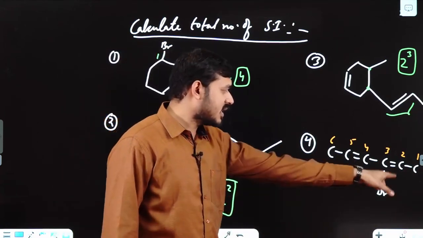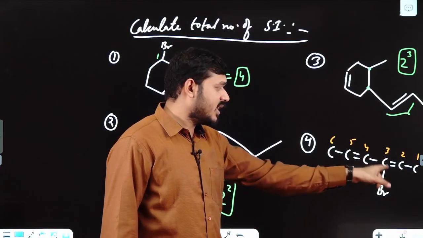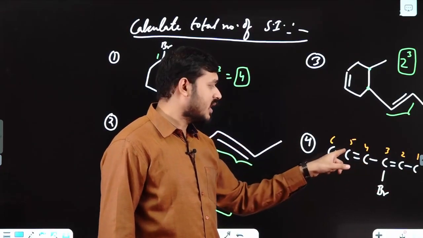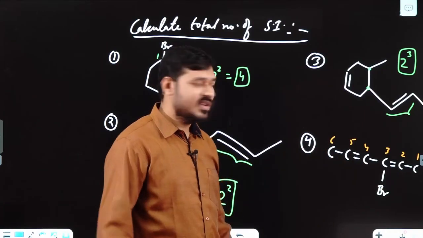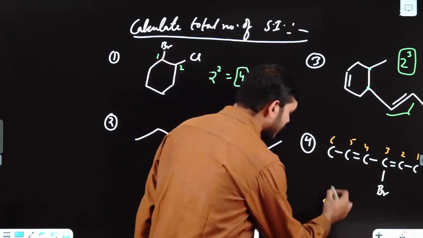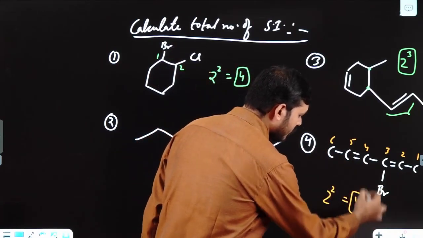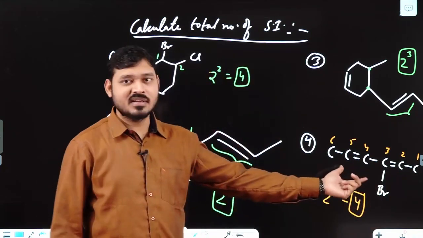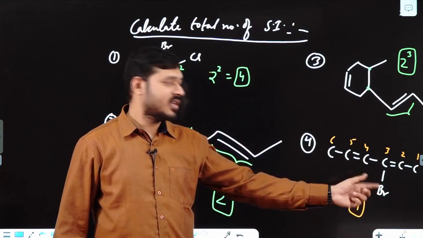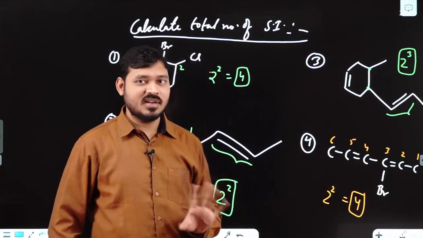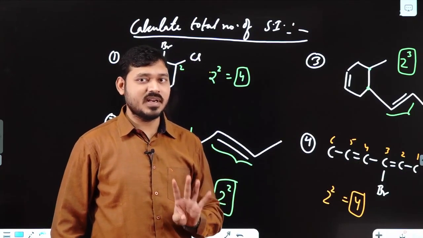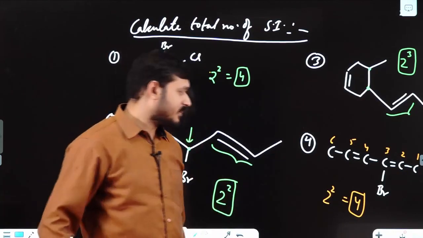Cis, cis, cis, trans. And now when this will be trans, then this will be cis. Okay, and trans, trans. Clear? So there are 4 cases. Both cis, both trans, this one cis, this one trans, or this one trans, this one cis. Clear? So there are 4 different cases. Okay, done.